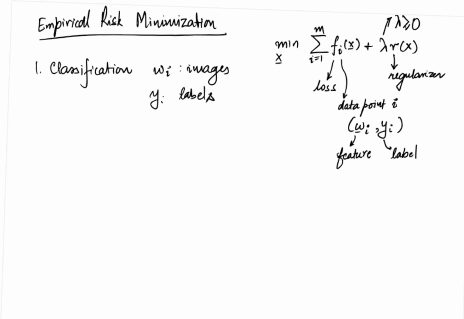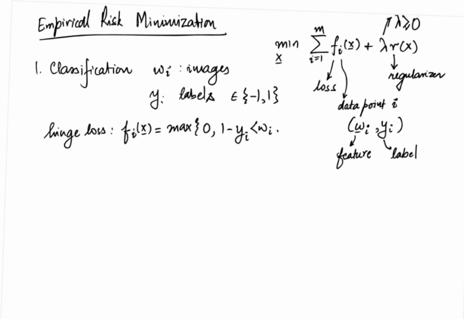This is called binary classification, and in this case y_i is either -1 or 1. A commonly used loss function in this context is the hinge loss function, which is given by f_i of x equal to max of 0, 1 minus y_i times the inner product of w_i, x, where we have assumed y_i to be either -1 or 1.